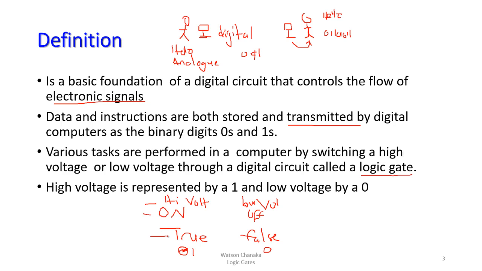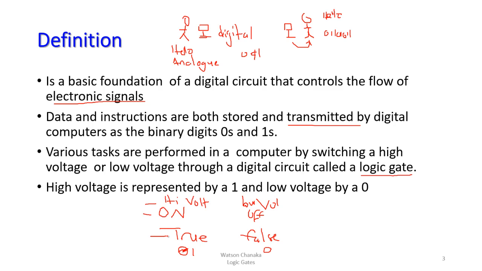Then from the fourth generation, they created what we call the integrated circuit at large scale integration. It means that we are talking about the microprocessor. That microprocessor has thousands of logic gates integrated inside that device.